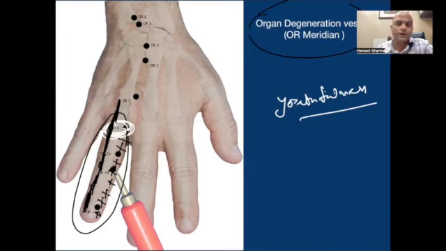Organ degeneration meridian is one of the very important meridians because with age our organs are getting degenerated, right? So by stimulating this, we can strengthen the organs and we can bring back vitality and youthfulness once again. So this organ degeneration meridian will be very helpful, and with the help of this, we will be able to treat deeper level diseases.